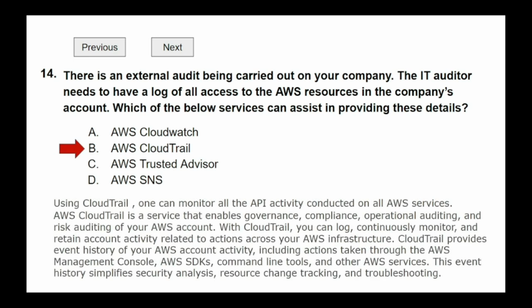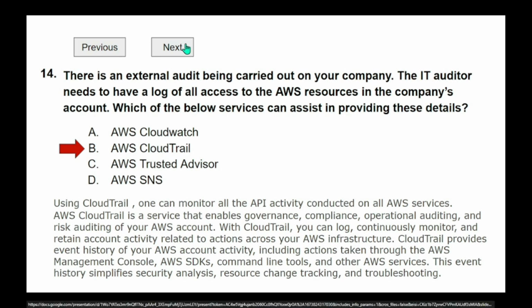CloudTrail can monitor all API activity conducted on AWS services. AWS CloudTrail is a service that enables governance, compliance, operational auditing, and risk auditing of your AWS account. With CloudTrail, you can log, continuously monitor, and retain account activity related to actions across your AWS infrastructure.